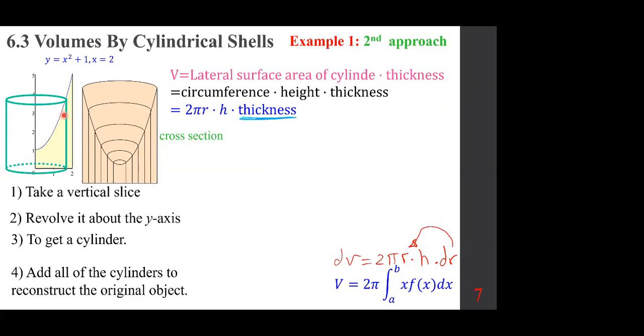If you pick up a point and call it x, y, class, pick up a point here as coordinates x, y, I hope you realize the x is the r, and the y is the height.